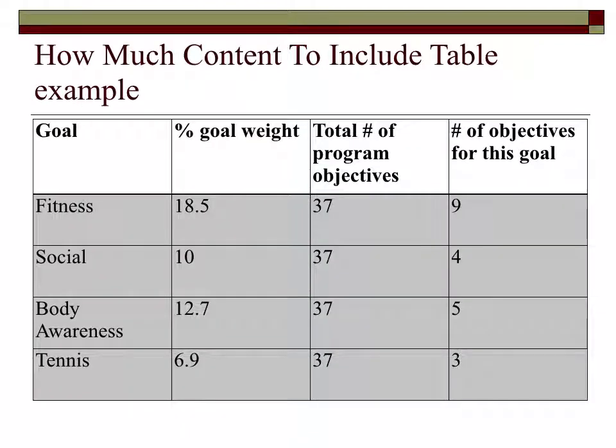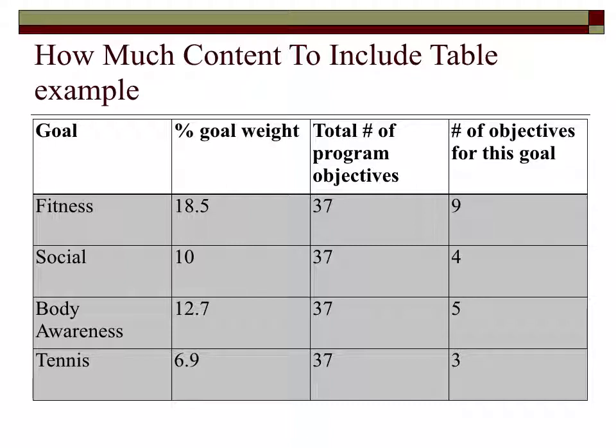So we have our goal. I put 4 goals. We have more than this, and I took this from figure 6.9. So we have the percent goal weight, which we did earlier in the steps. Then we said our total number of objectives that we can actually have is 37 based on our math.